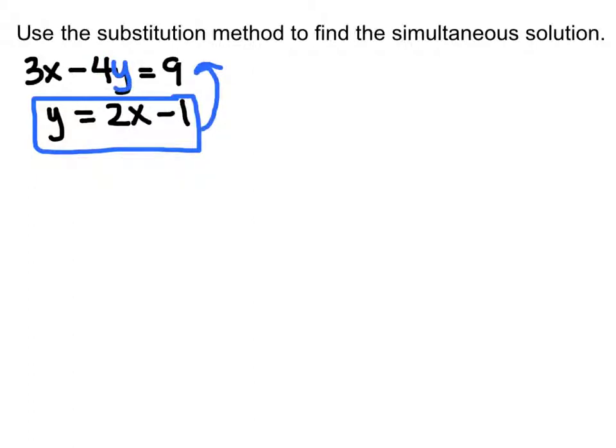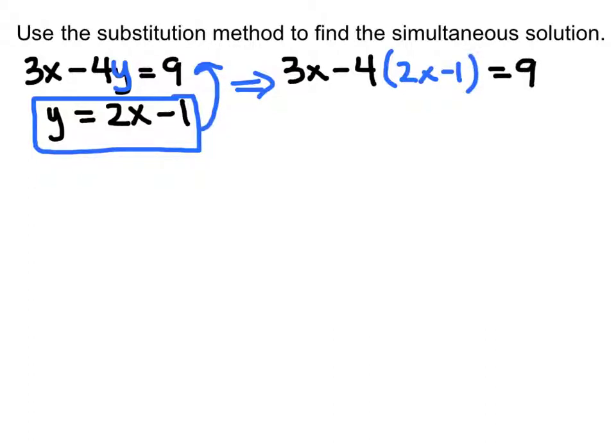So what we will do is recopy the equation over that we are plugging into. So that becomes 3x minus 4, and instead of multiplying it by y, we're going to replace y with 2x minus 1, still equals 9.